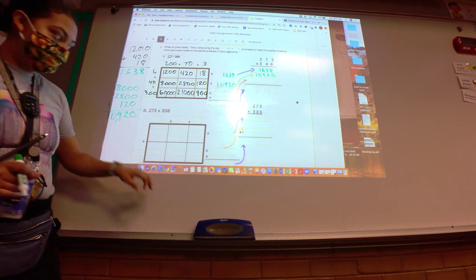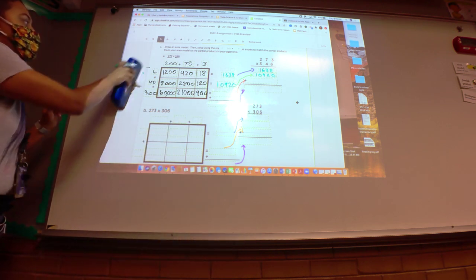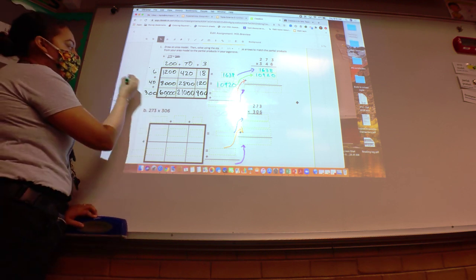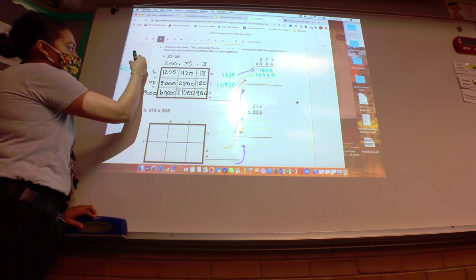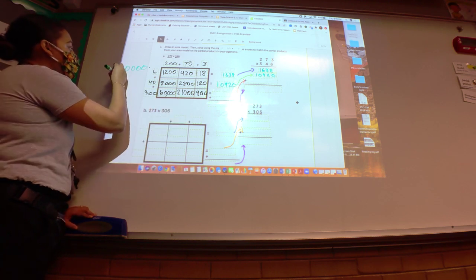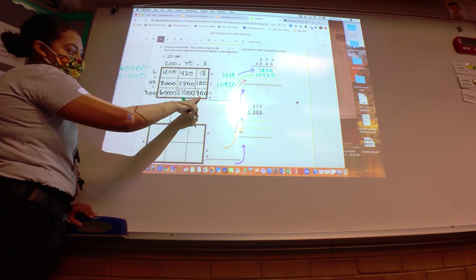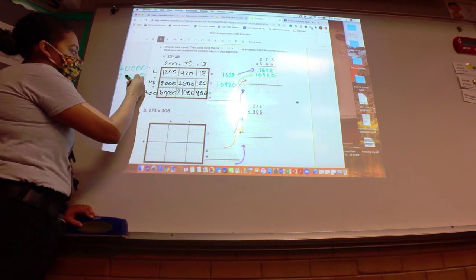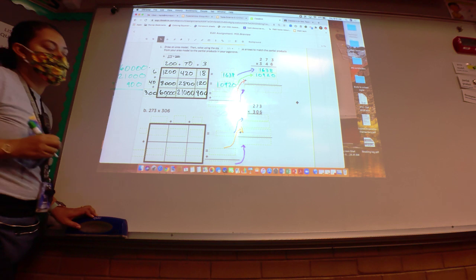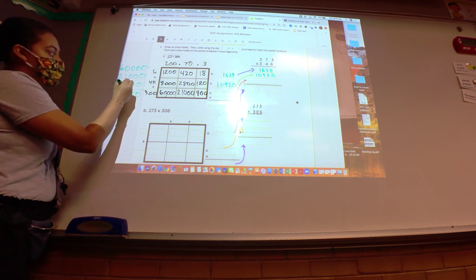Okay, now the last row, add those together. So we have 60,000 plus 21,000 plus 900. 0, 0, 9, 1, 8.